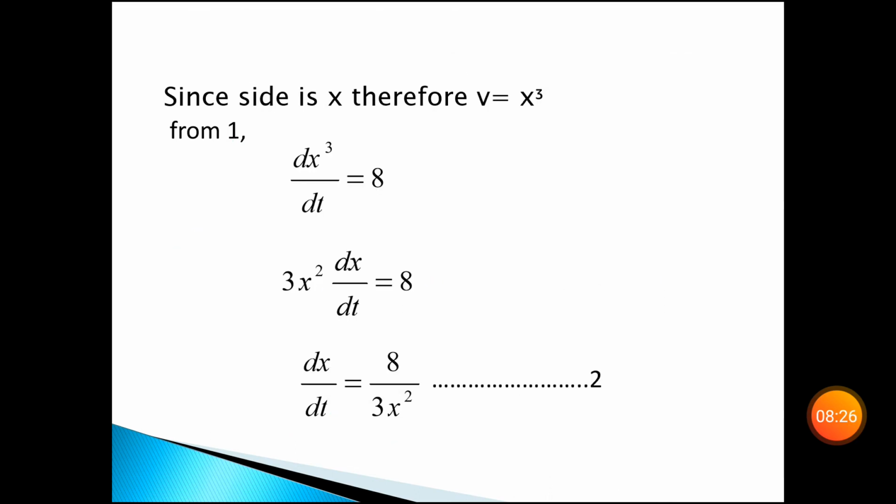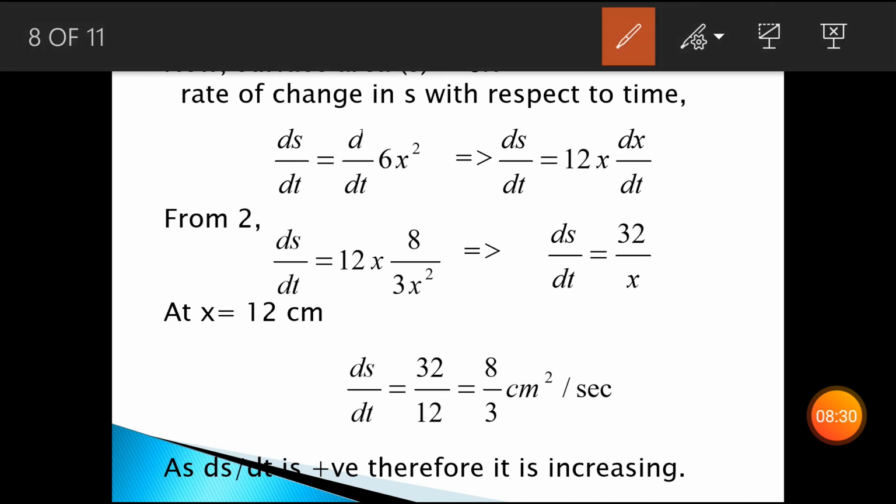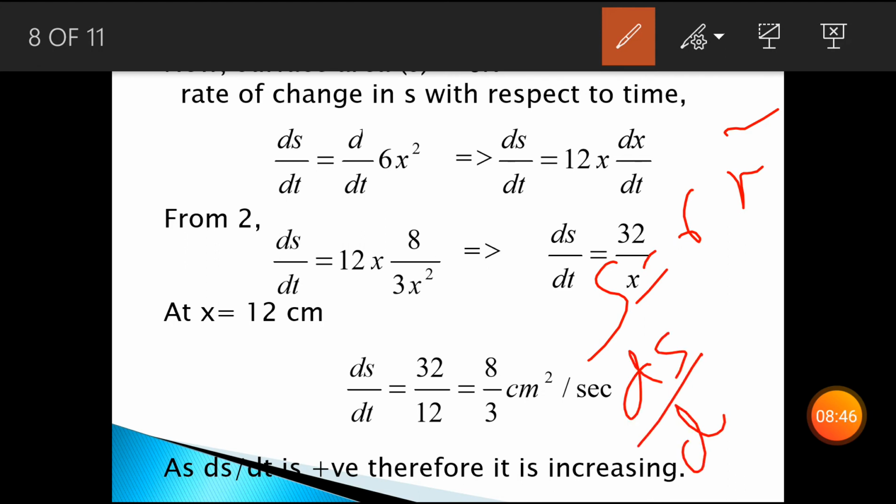Now they have asked about the surface area. Okay, surface area of cube is nothing but 6x square. So we want to calculate the rate, because they have asked at what rate it is increasing. So 6x square, that is S. If you want to calculate the rate with respect to time, then we have to calculate dS upon dt. So dS upon dt will be d over dt of 6x square.